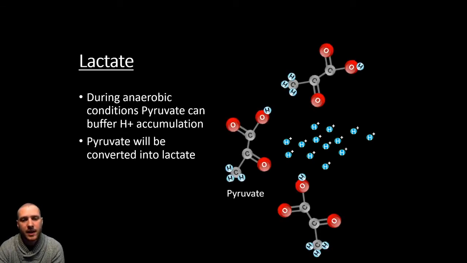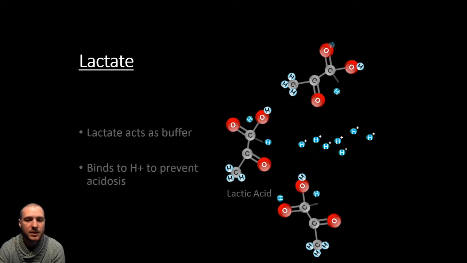So when we talk about lactate, if you remember, we have these two pyruvate molecules, and in a low oxygen condition, pyruvate is going to be converted into a molecule called lactate. And lactate's job is to buffer all these hydrogen ions. So you can see when lactate comes into existence, it's going to accommodate binding with a bunch of these hydrogen ions.